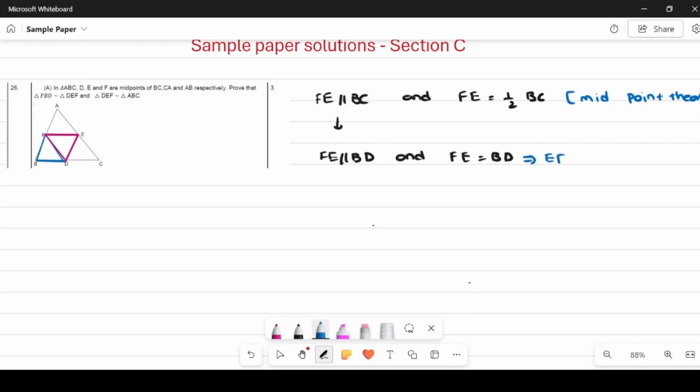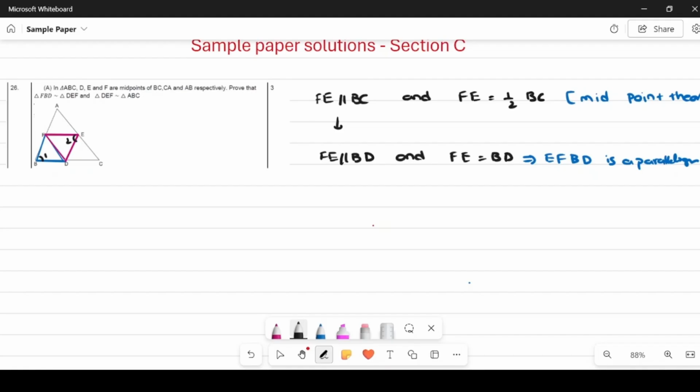Therefore, EFBD is a parallelogram. Right? So since EFBD is a parallelogram, we can tell that opposite angles are equal. So let us say this is angle 1, angle B of this triangle, which should be equal to angle E. Let us say this is angle 2.